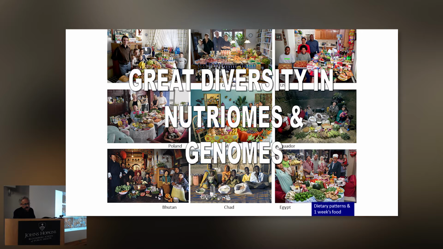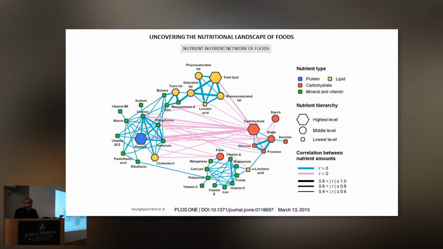And the variation is both in the amount and the quality, and the variation of types of food, and how that interacts with our genome, and is obviously the topic here, and how we measure those effects. So there's great diversity in nutriomes and genomes. And before we even start to think about nutriomes and the genomic effects, we really need to start also thinking about the foods themselves and how they are interrelated to each other in the foods that we eat.